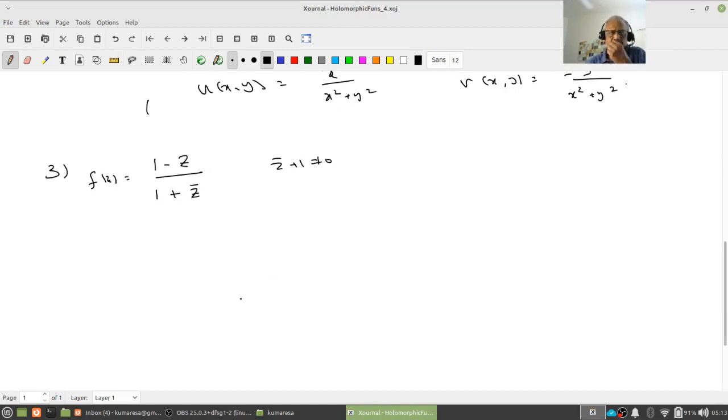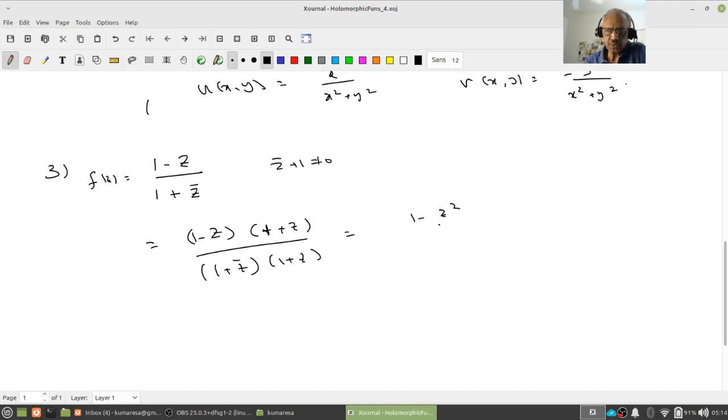Now how do I find it? Again, some algebraic manipulation. This is 1 minus z, therefore I can multiply by 1 plus z. This will be 1 minus z squared by the same thing, 1 plus z bar times 1 plus z. But this is 1 minus z squared, that's okay.